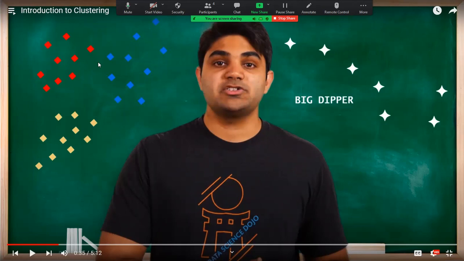Now, the target here is to group similar data together. So now you can see blue color, red color, and yellow color, but they are not there initially. Initially we do not know which data points to group together. So here the problem is to find a criteria to be able to group similar data points together.